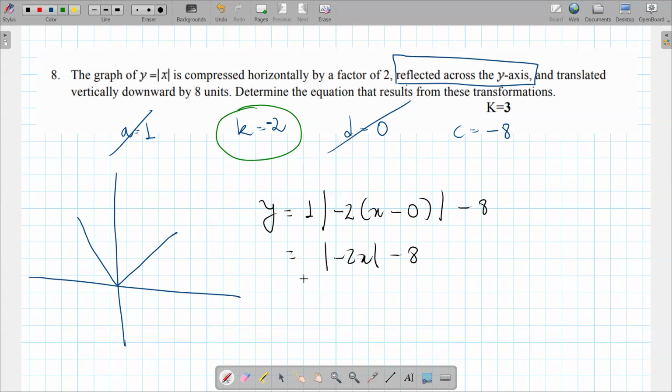Horizontal compression compresses it inward, so it becomes thinner. And then, sorry, it's not reflected upside down, my bad. It's reflected on the y-axis, so it's reflected from left to right. So it'll still look like this.